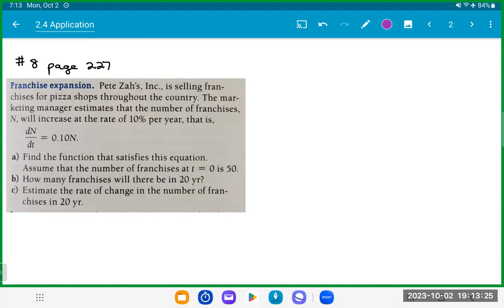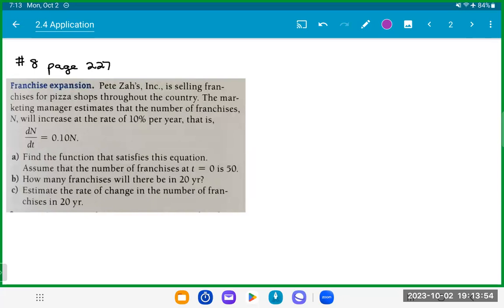And so we need to, A, find the function that satisfies this equation, assuming that the number of franchises at time equals 0 is 50, right? So when we start this out, we're going to have 50 franchises. And then we want to know how many franchises there are after 20 years, and then what the rate of change is after 20 years.